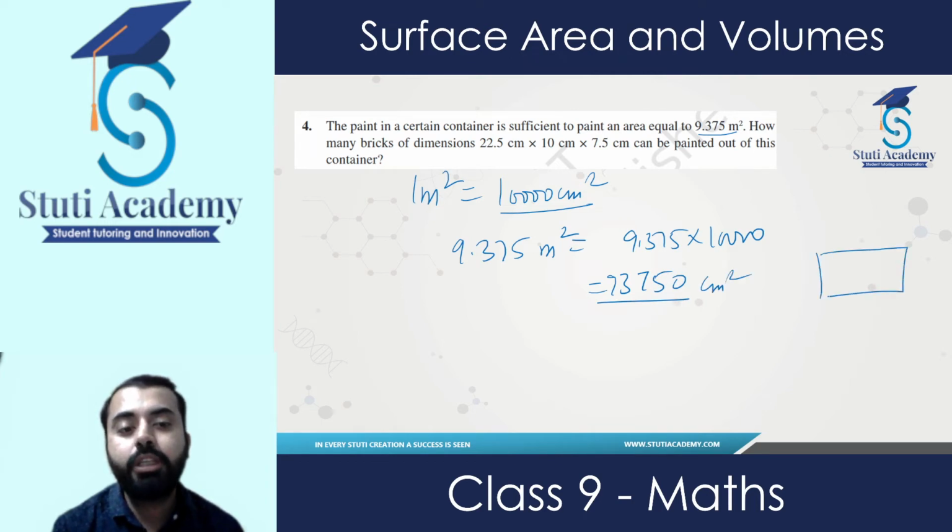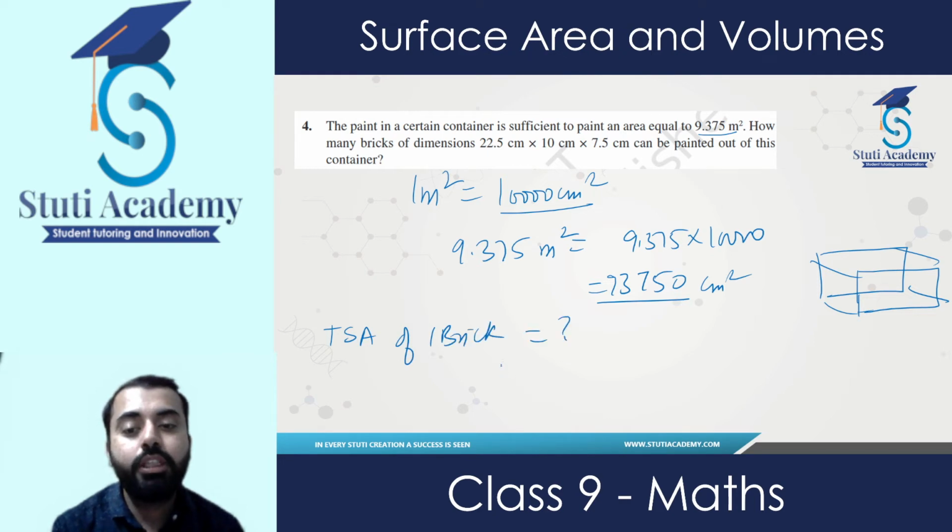Now I knew my one brick was a cuboid like this, and I am painting each side, so that means I will be finding out the total surface area of a brick. Right, we have to find this out. I knew its length was 5 centimeter, width was 10 centimeter, and height was 7.5.